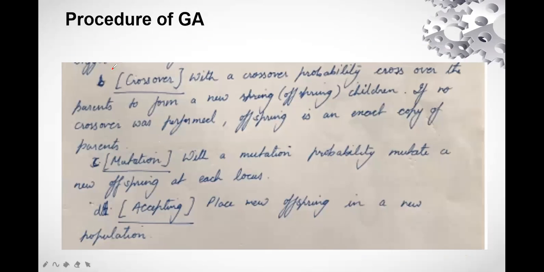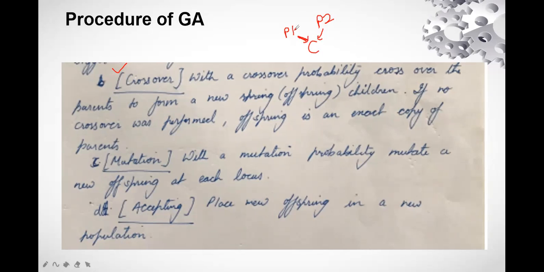Next, the second step is crossover. With the crossover probability, we cross over the parents to form new offspring, the children. If no crossover is performed, the offspring is an exact copy of the parents. See what we are doing: we have parent 1 and parent 2, and these two parents give birth to a child. Certain properties of parent 1 are inherited and certain properties of parent 2 are inherited.